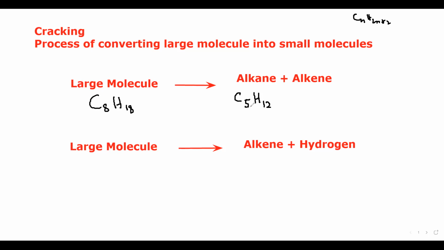It will become an alkane. In the beginning we had 8 carbon and I used 5 carbon here. So how many carbon am I left with? I'm left with 3 carbon, because the total carbon on the left hand side should be equal to the total carbon on the right hand side. And I want to make an alkene.